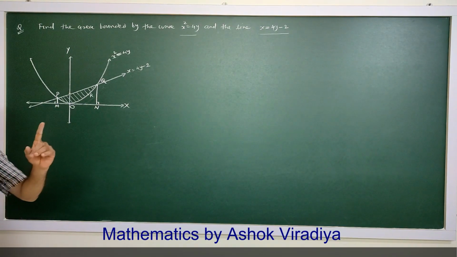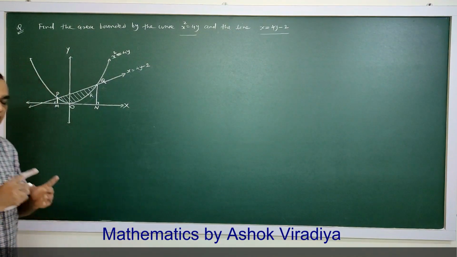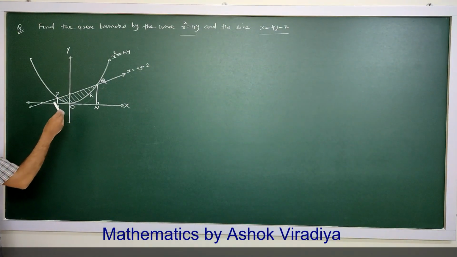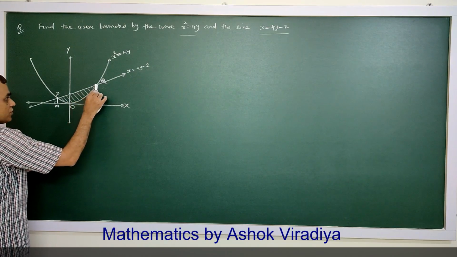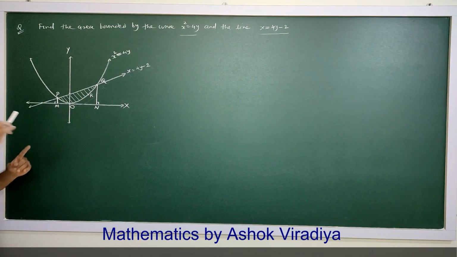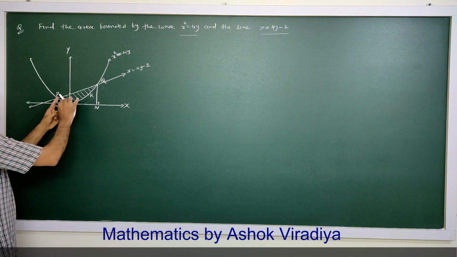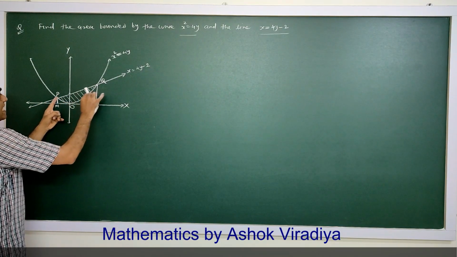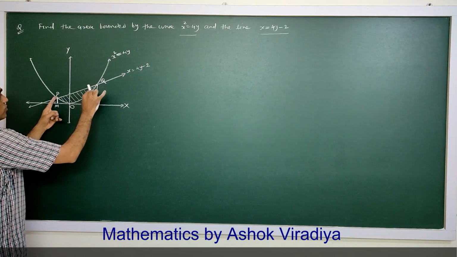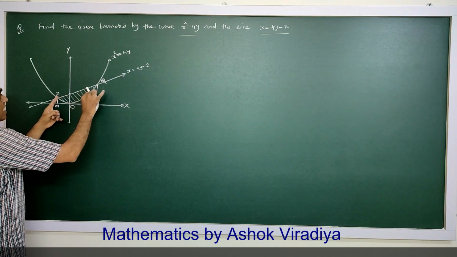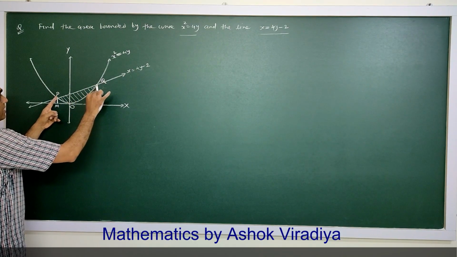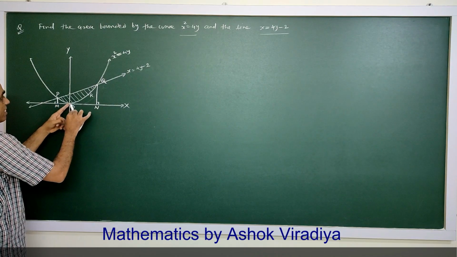So now the method is clear. To obtain the area of this shaded region, first of all we will find the area below this line segment PQ, that means the area of this quadrilateral.